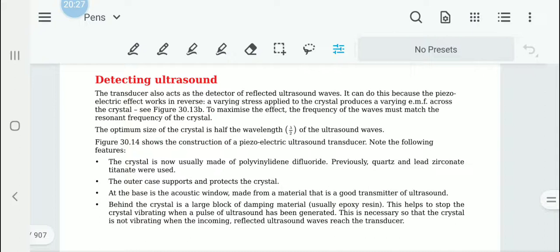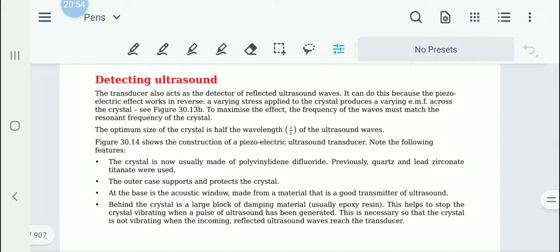That means a varying stress applied to the crystal produces a varying EMF. When the sound returns, it makes the crystal vibrate. That generates a voltage across the crystal. So we have to maximize this effect.